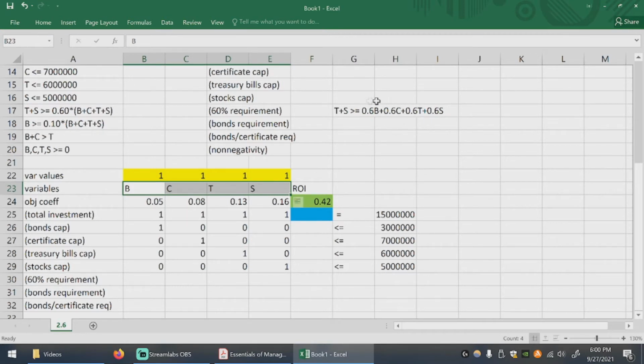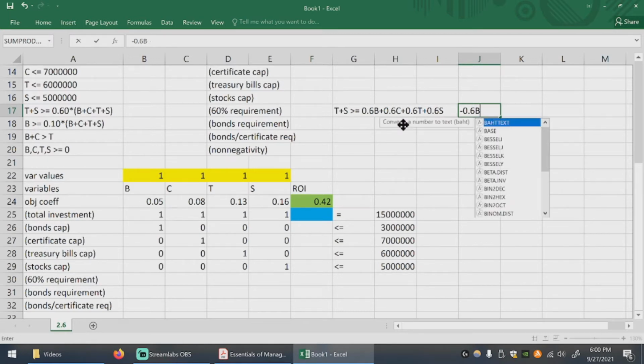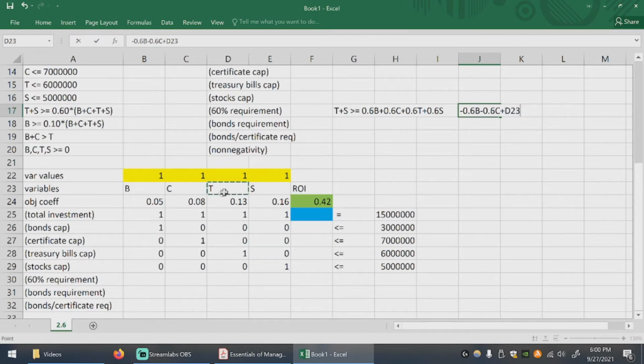So B first, all the B's move to the left will get me to negative 0.6B. All the C's to the left will get me to negative, whoopsie, just 0.6C. All the T's to the left, well, there's 1 T on the left already, minus another 0.6 will be 0.4T.